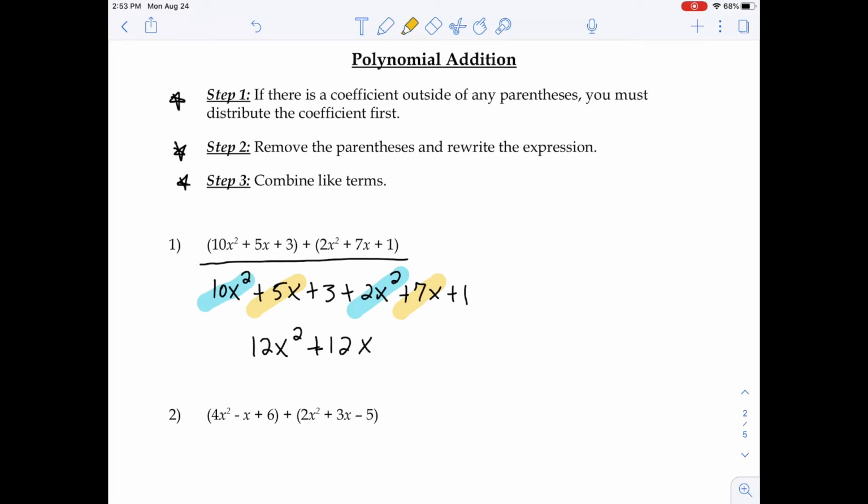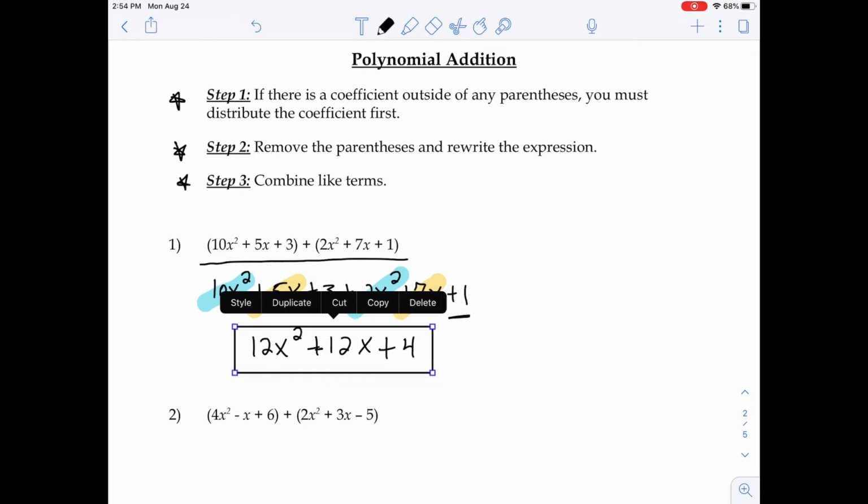And then I can take a look at the numbers, so I'll just go ahead and underline. So I have a plus 3 and a plus 1, which gives me plus 4. So when I go ahead and add those, I get 12x squared plus 12x plus 4. That is the simplified answer for that addition.